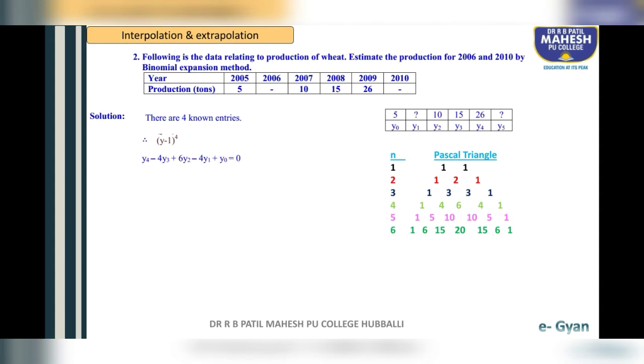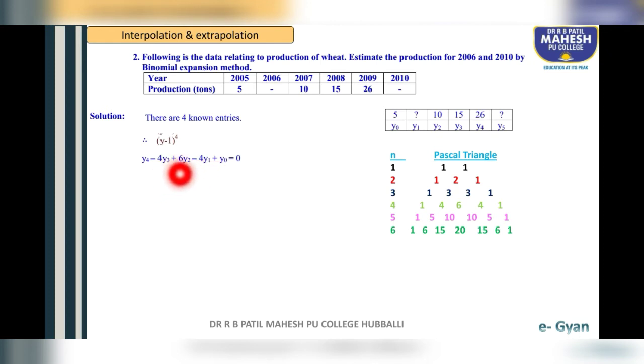As you know, if n value is 4, the first y value is y4. Then you decrease the y value up to y0: y4, y3, y2, y1, y0. The first sign is always positive, then plus, minus, plus, minus, plus.